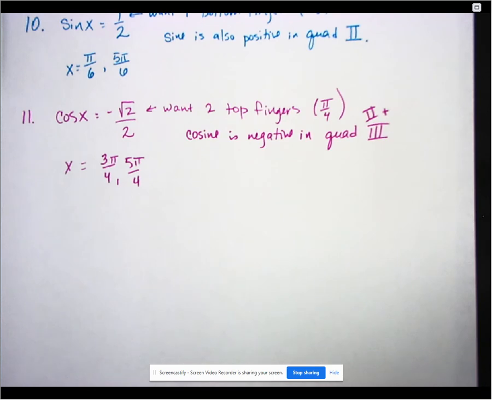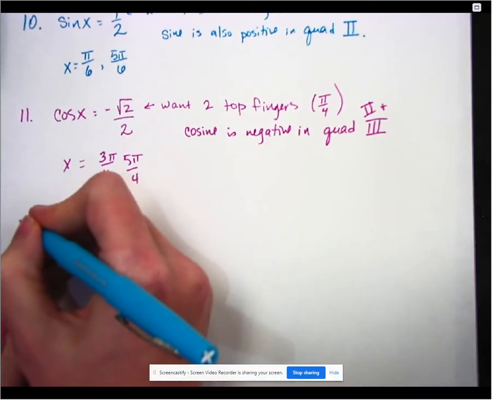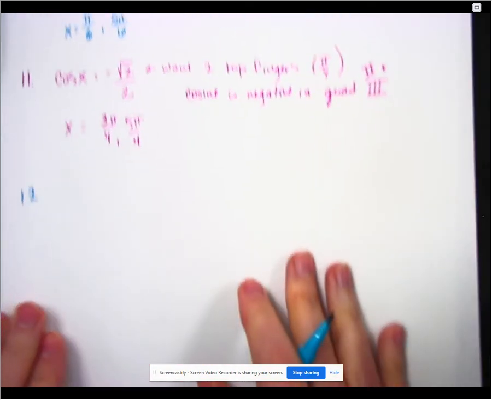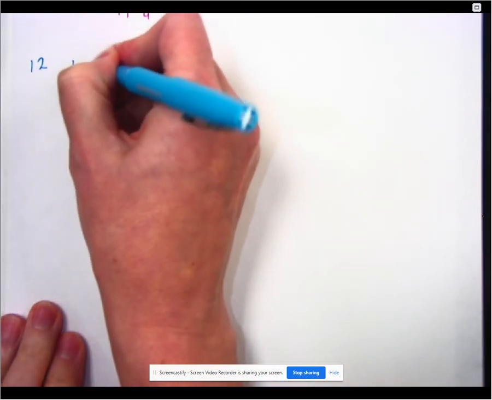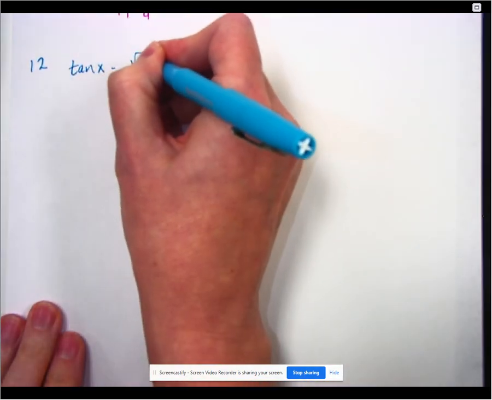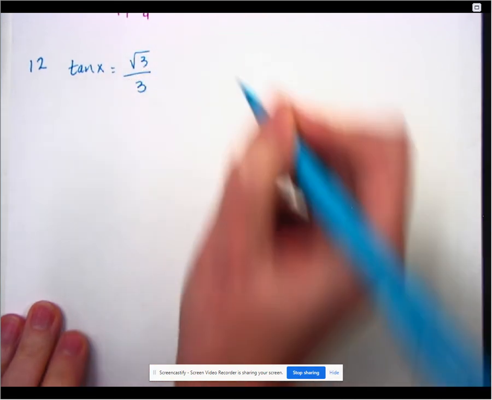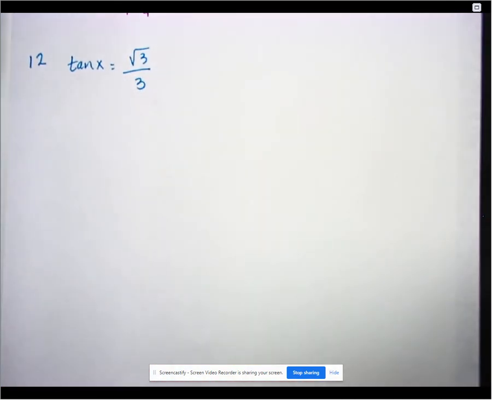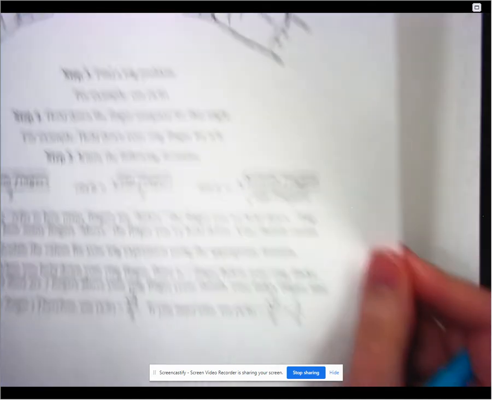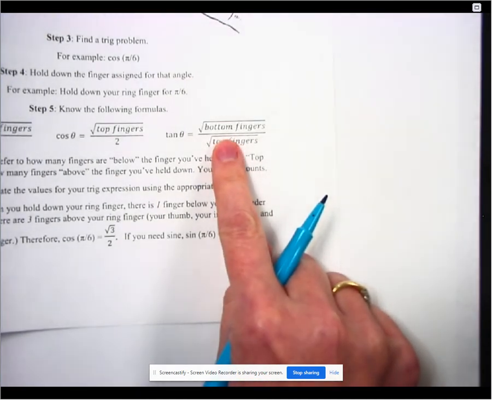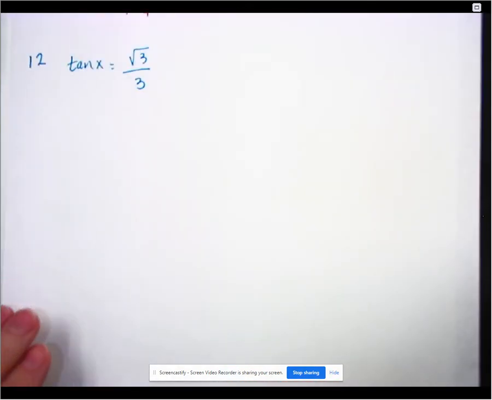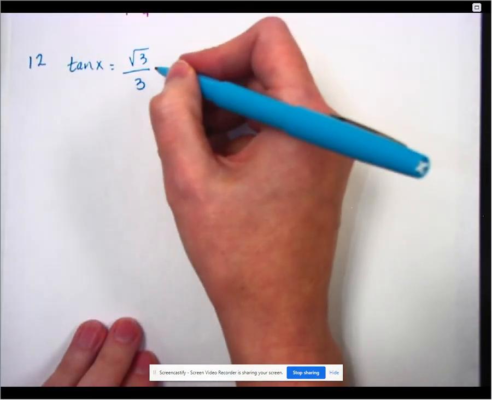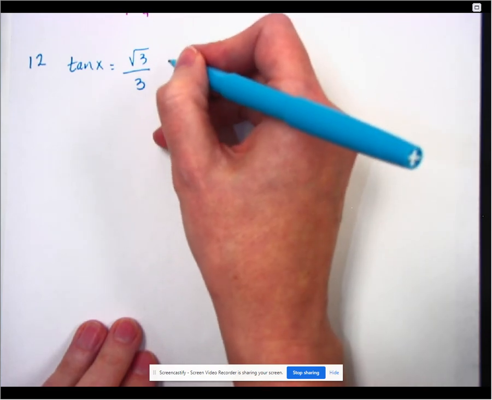Then for our next example, we have the tangent of x is equal to the square root of 3 over 3. Now for tangents in the hand trick, it's the square root of the bottom fingers over the square root of the top fingers. Now this is weird because this is too many fingers.